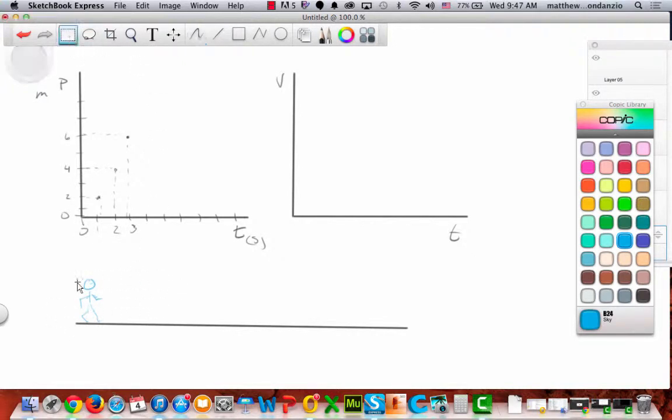That means that this individual, let's say here we've got 0 meters, okay, and we're going to have 2 meters, 4 meters, 6 meters, and so on, okay? That means that at time 0, that's what this looks like. So this is a snapshot at time 0, okay?